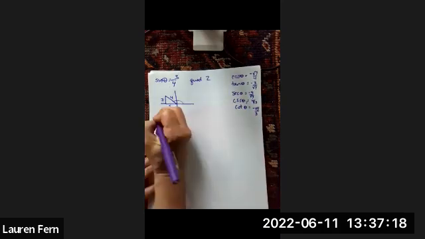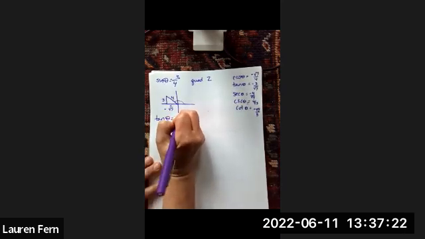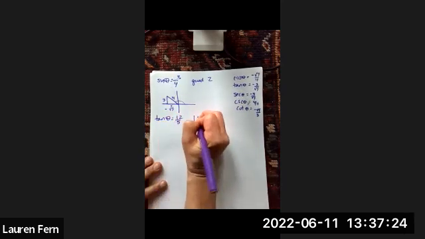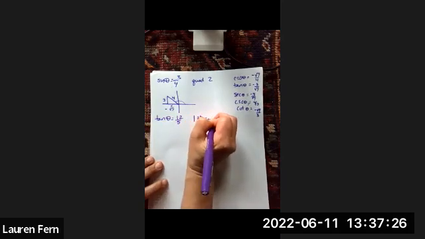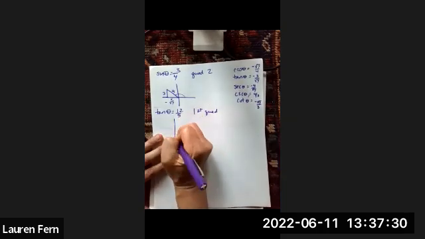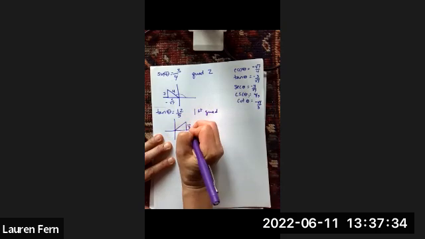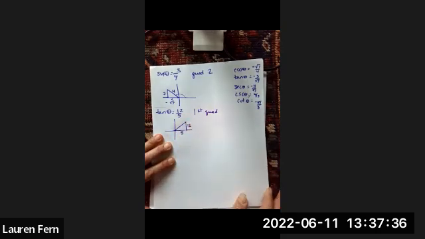We can do a similar one. Suppose I tell you that the tangent of something is 12/5 and I'm in my first quadrant. I claim I can find my other trig values. Tangent is y/x.